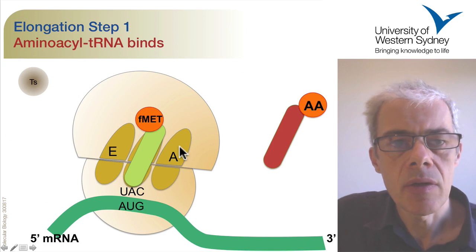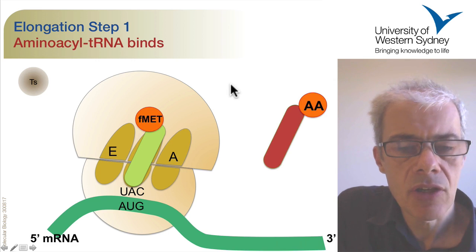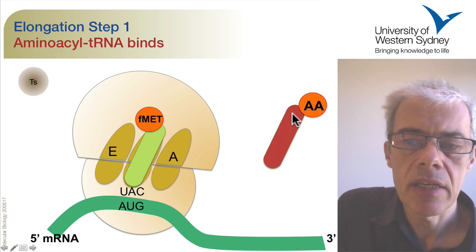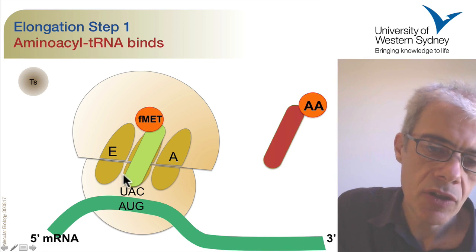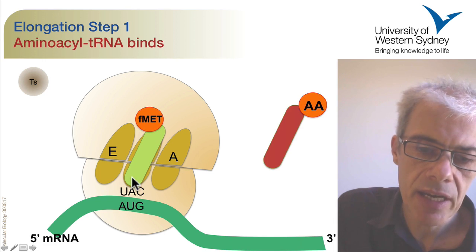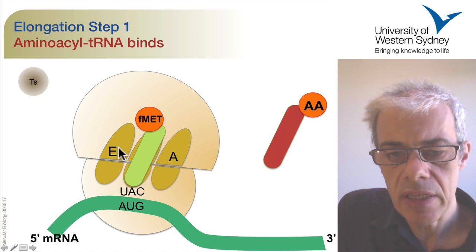So here's an animated cartoon of the process of elongation. The first thing we're showing here is the binding. Here we have the initiator complex with the first residue attached at the start codon. We have the A site that's free and the E site that's free.